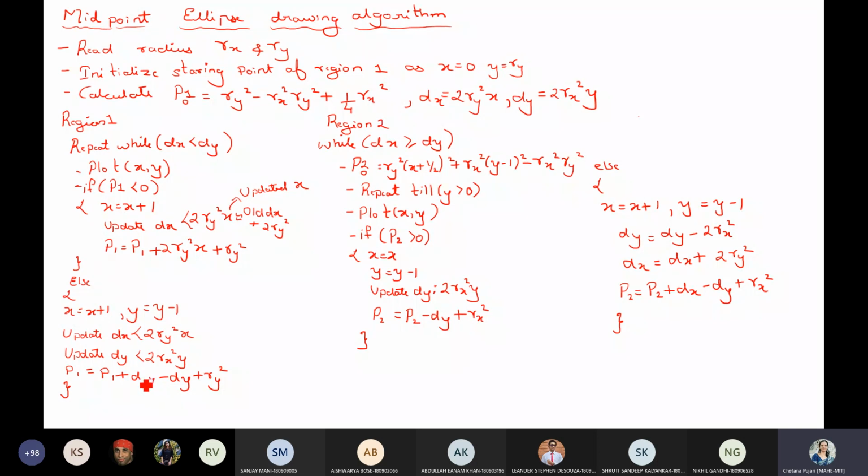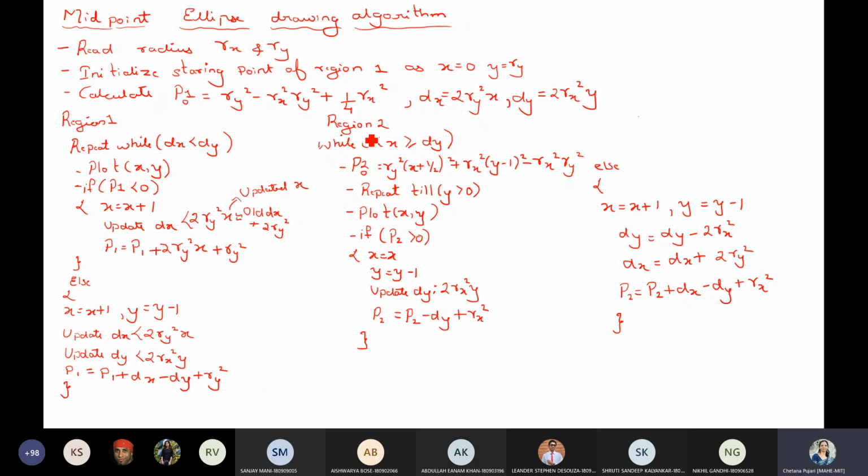In our equation we have got here as 2 ry square x minus, for dy we got 2 rx square y. I'm just substituting it. For simplification, I just wrote dx minus dy because we already know what is dx value and what is dy value. Okay, so this is done, and this is for your region 1.